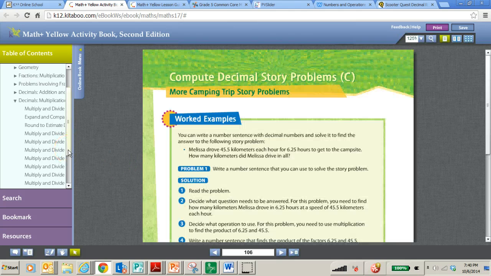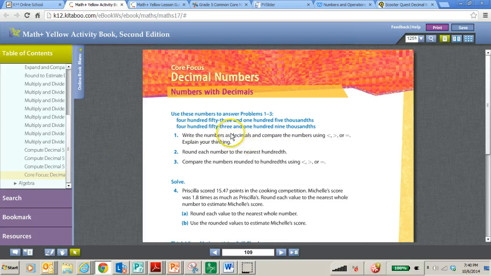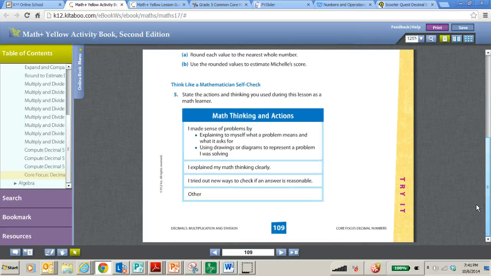The next thing that you're going to encounter after story problems is the core focus lesson. The core focus does review things that are very relevant, such as comparing numbers and rounding numbers. So the core focus lesson is a little bit more appropriate and something that you should be able to work out with your student.